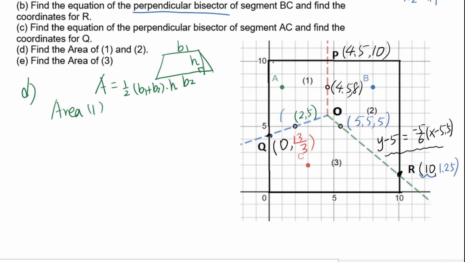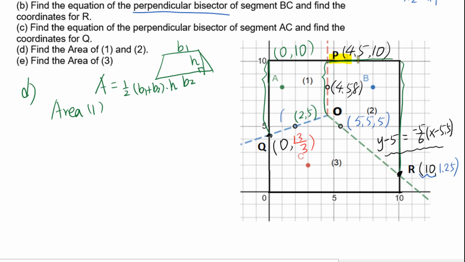for this area 1, this coordinate is 0, 10. We need to get the distance from here to here, and also the distance from here to here, and the distance from here to here.